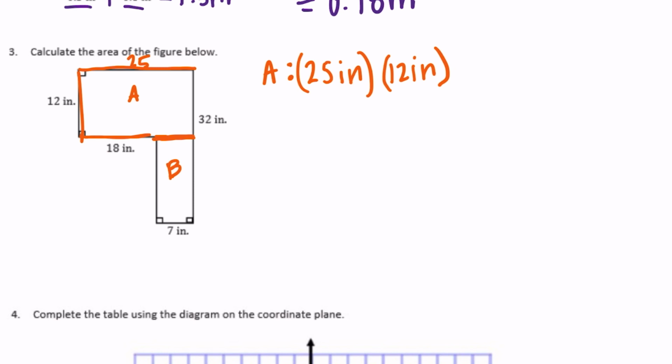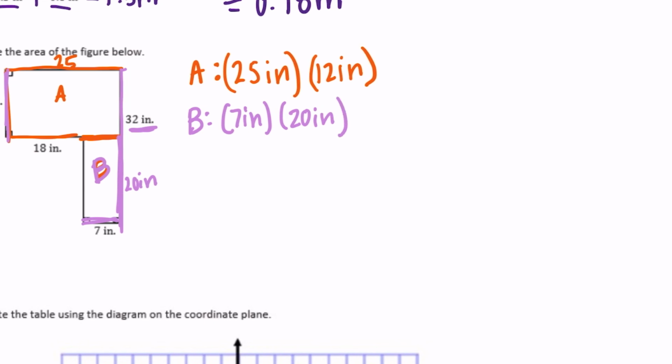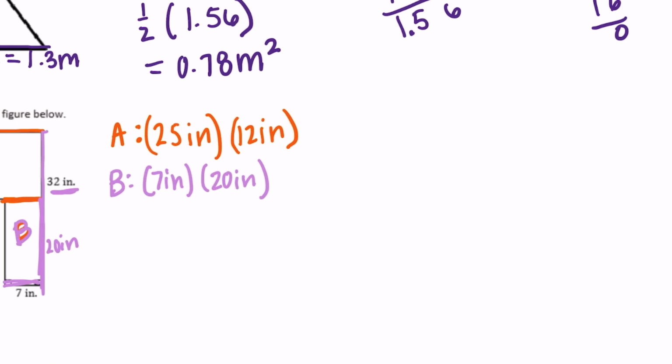And then rectangle B would be the base is 7 inches times the height. Let's see, they haven't given us the whole height, but they told us this whole thing is 32 and this part is 12. So 32 minus 12, this would be 20. Okay, so let's do 7 times 20 first. So 7 times 2 is 14 with a 0. So that is 140 inches squared.